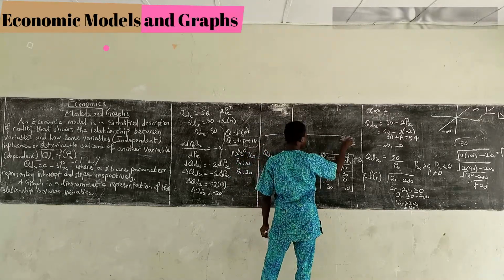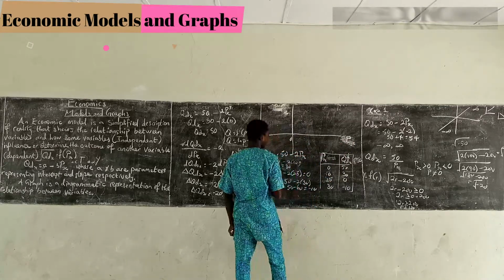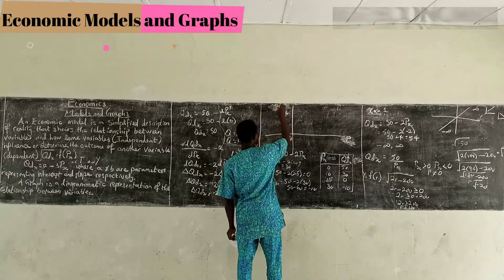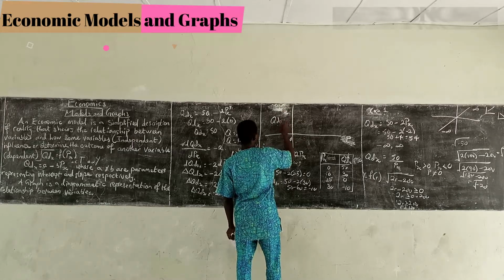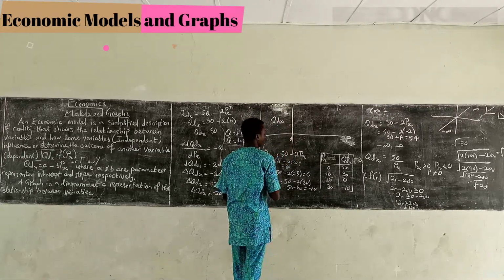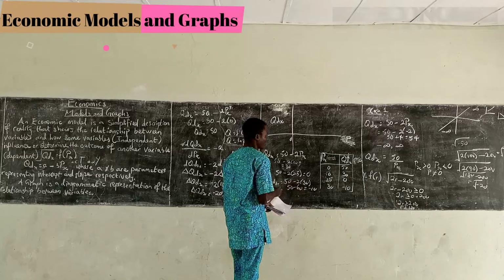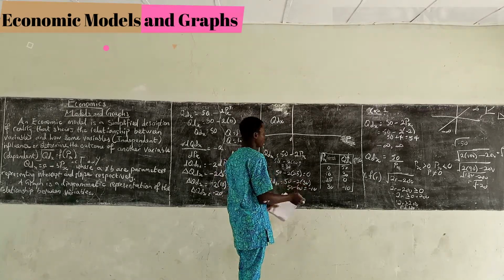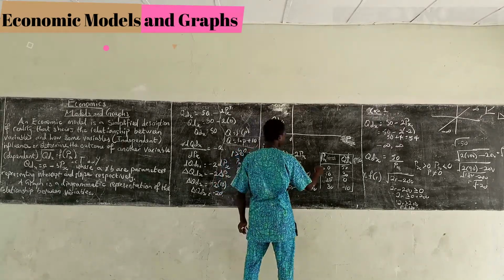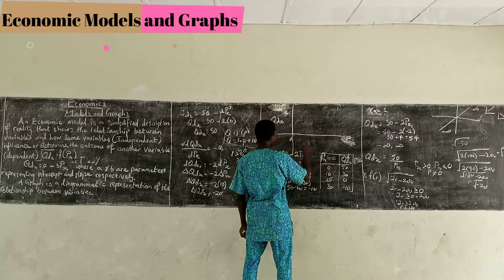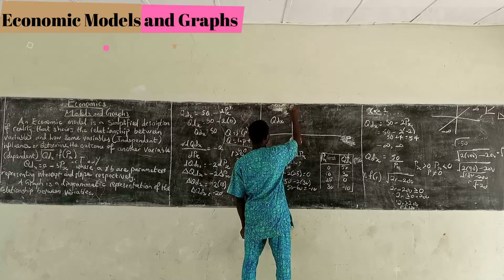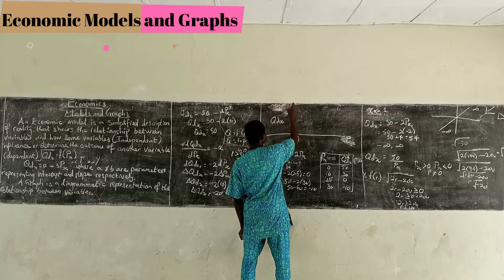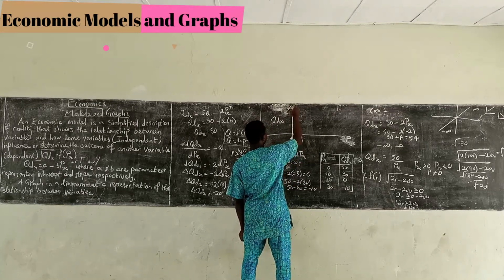So we have P here, and then we have quantity demanded Q. Let me just say here you have Qdx on this axis. Now this is not what we draw normally, but I'm doing it so that I won't confuse you. So when Px is 0, quantity is 50. So let's say 50 could be here. So you have this point.